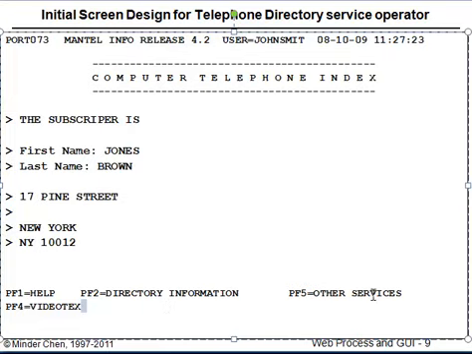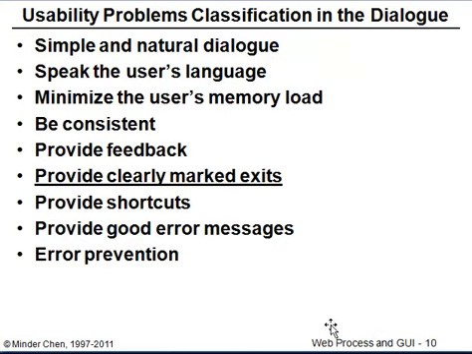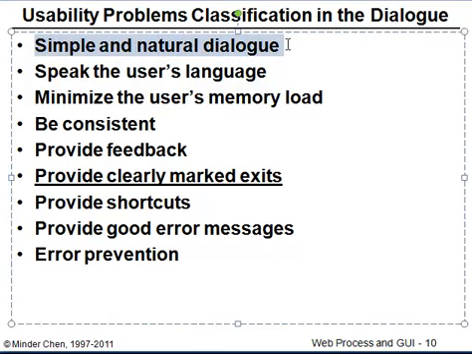Okay. So let's look at some of the general classification of the problems in user interface design. We want to use simple and natural dialogue. We want to use the user's language. Don't use technical terms. You try to minimize the user's memory load. Don't expect the user to remember things that they have told you.